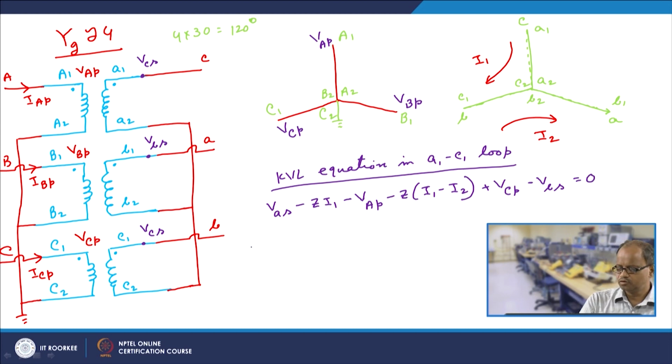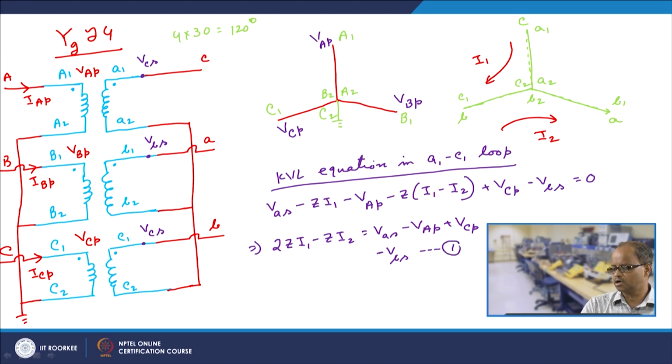So then therefore 2ZI1 minus ZI2 is equal to VAS minus VAP plus VCP minus VBS. So this is equation 1.